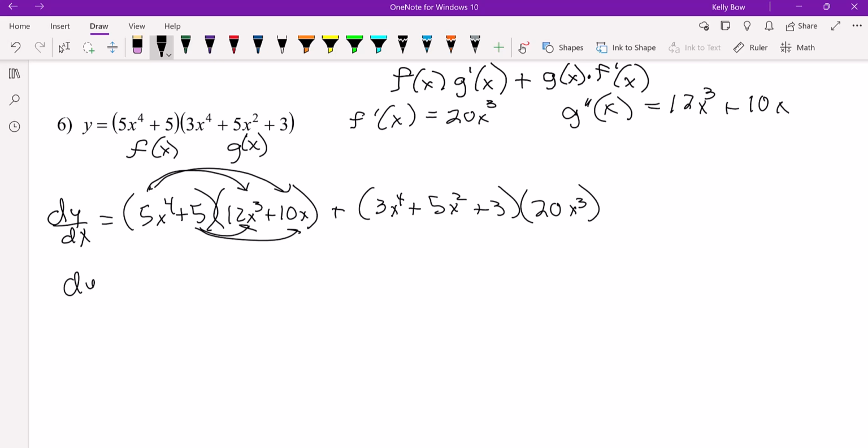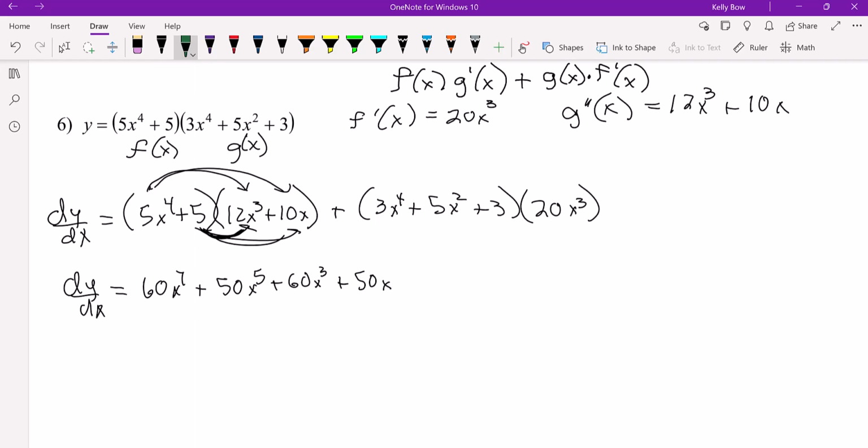So dy over dx is 60x to the seventh plus 50x to the fifth. Then I'm going to switch right here, plus 60x cubed plus 50x.